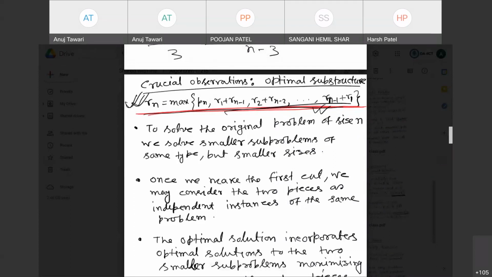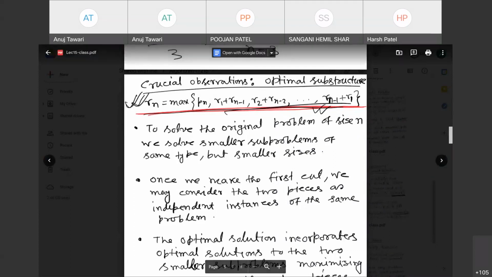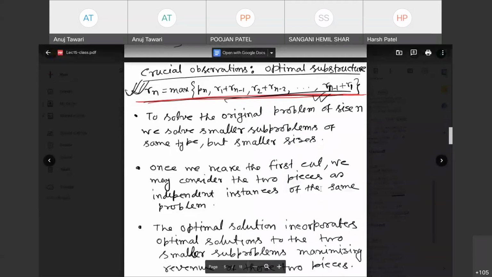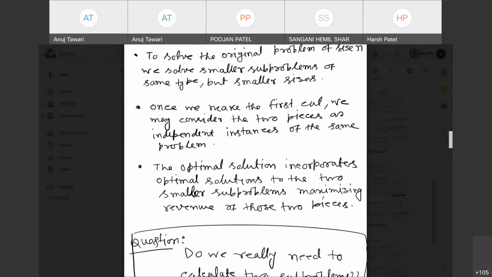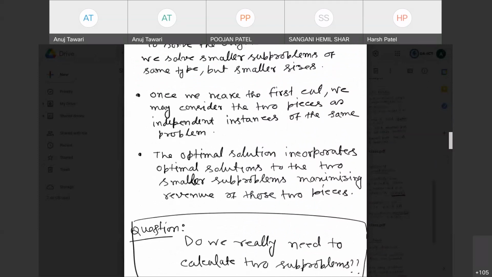Or you try to guess a part of the solution and consider all possible guesses for that thing.